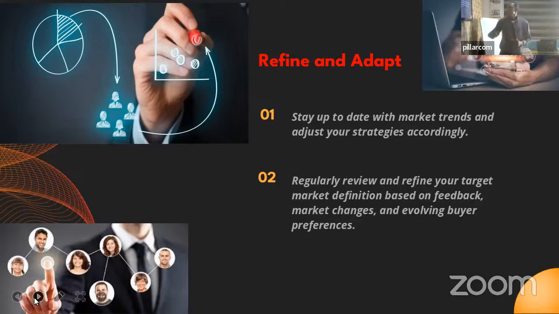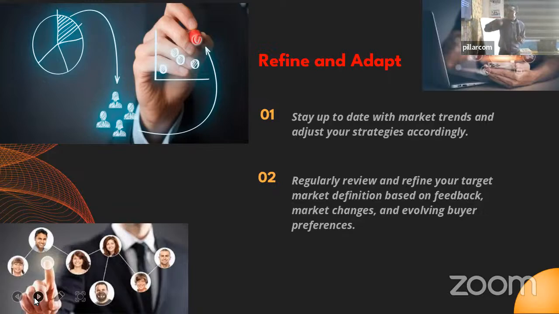All right. After you have done all this, there is always room for you to refine and adapt. Stay up to date with market trends and adjust your strategy accordingly. You must always adjust your strategy. If what you are using today is not working, try another one. Stay up to date with trends and what is in vogue.